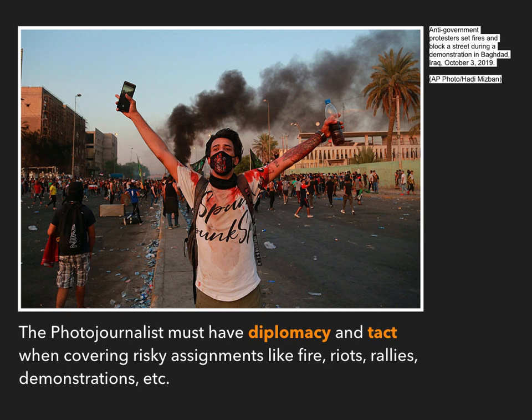The photojournalist must have diplomacy and tact when covering risky assignments like fire, riots, rallies, demonstrations, etc. So, how are you behaving on site when you're shooting these photos, when you're covering these stories? You have to check yourself as a photojournalist and make sure that you are, again, holding the utmost standards of ethics, making sure that you are not covering the story in a light or in a way that will portray falsehoods about the story.